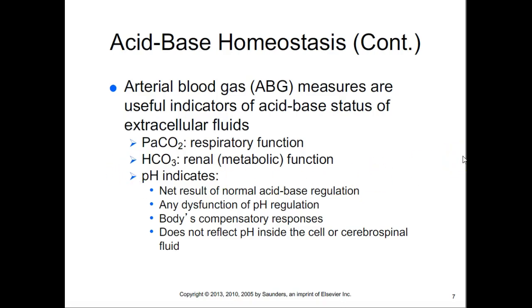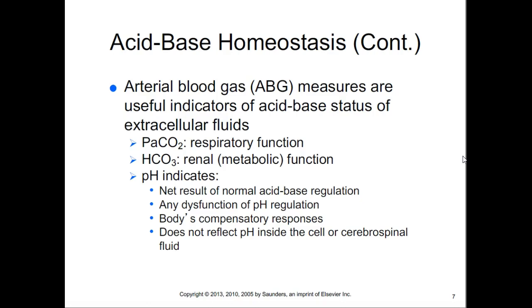So arterial blood gas measures these useful indicators that let us know our acid-base balance. The partial pressure of carbon dioxide indicates our respiratory function. If we're breathing properly and eliminating the right amount of carbon dioxide, then that should be normal. Our bicarbonate reflects renal metabolic function. If our kidneys aren't eliminating the right amount of bicarbonate, then we're going to have a dysfunction.